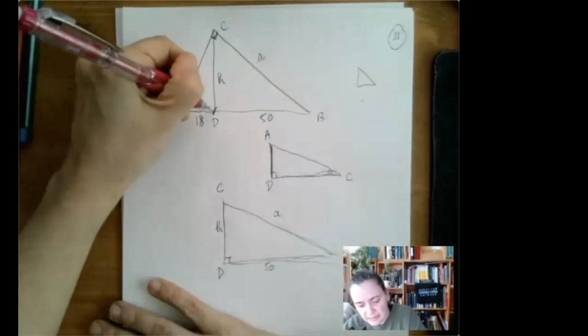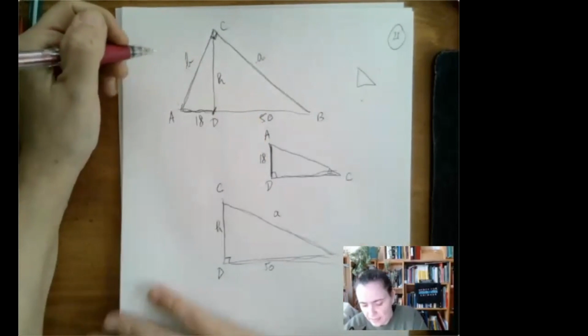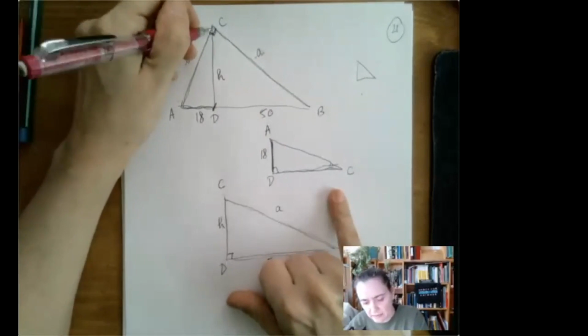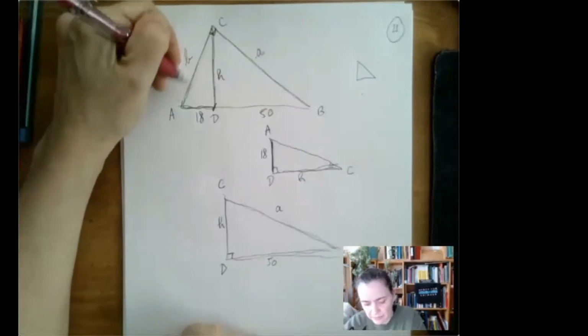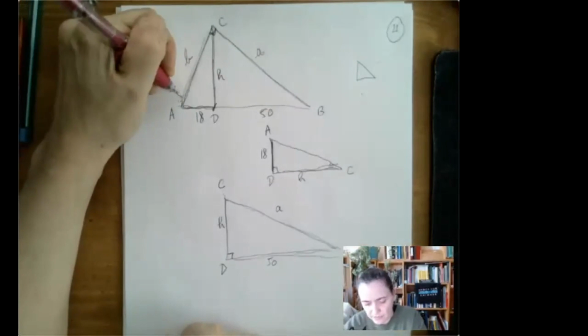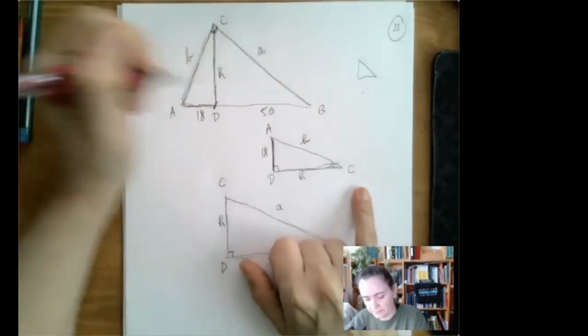So AD is actually vertical here, horizontal there, but you find it is 18. And then DC is just H. And then the hypotenuse opposite the right angle, or AC, is B here.